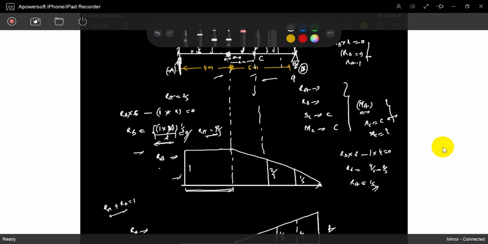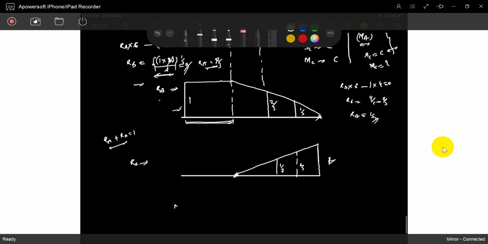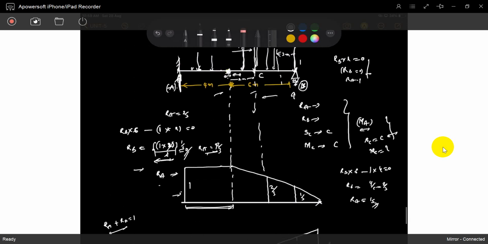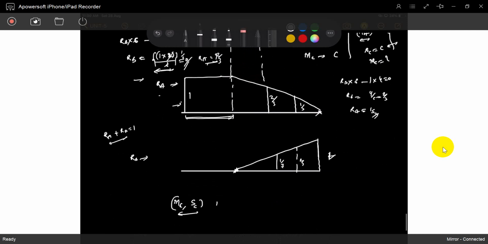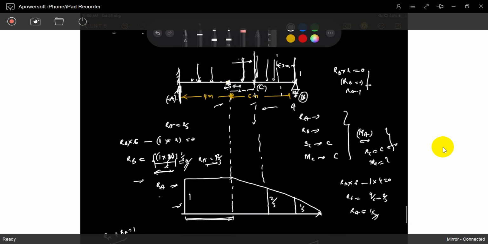Try to develop ILDs for shear at C and bending moment at C. Try to develop those values, and also bending moment at A. Take 2-3 instances.